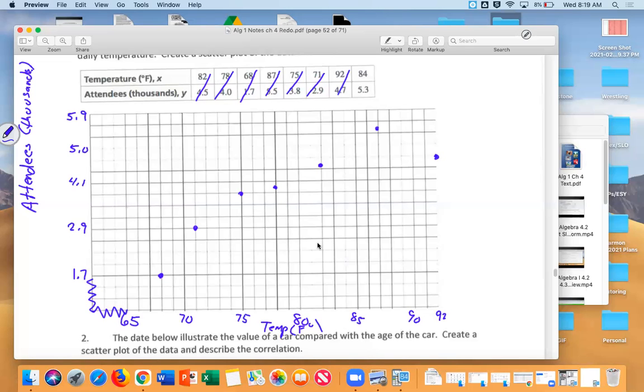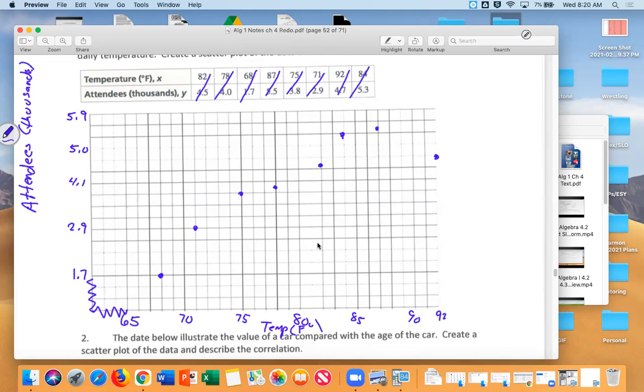And at 84, I'm at 5.3. Right there. So that's what my data looks like.